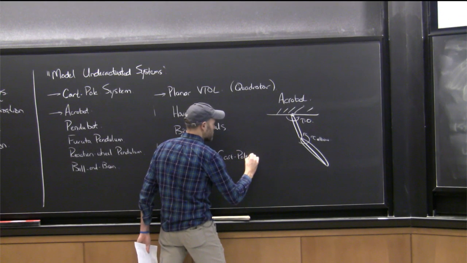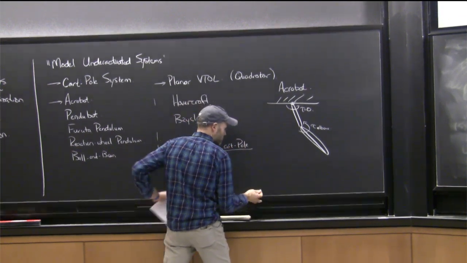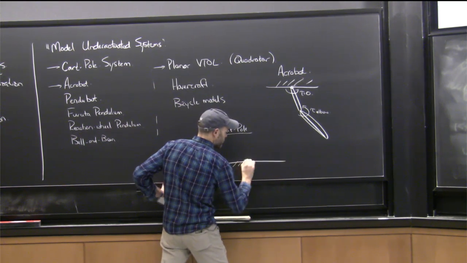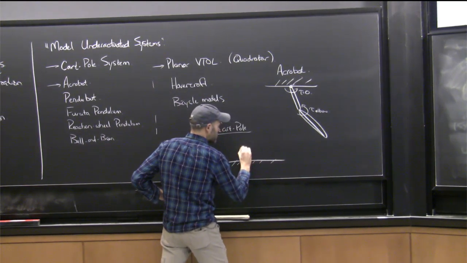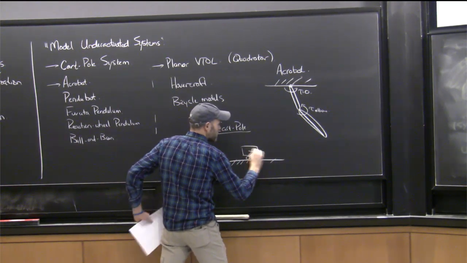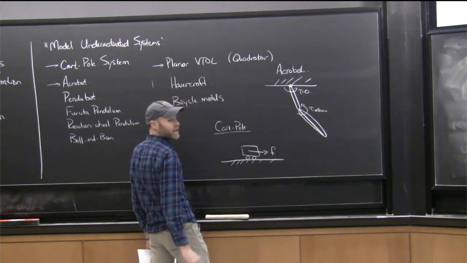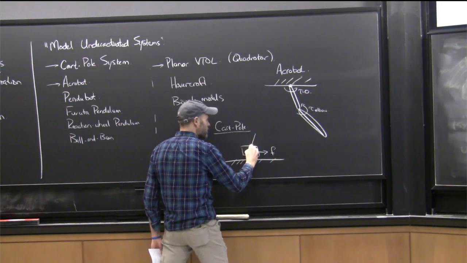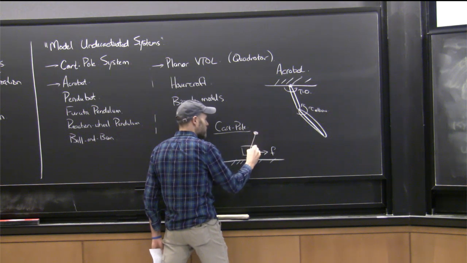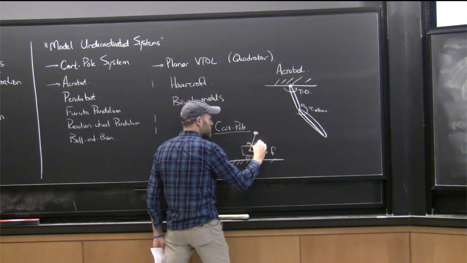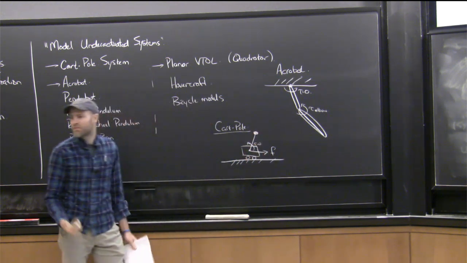So the cart pole: you apply a force here on the cart, but you have no torque. It's just a passive joint there, apart from friction.